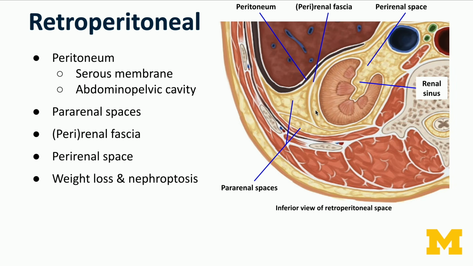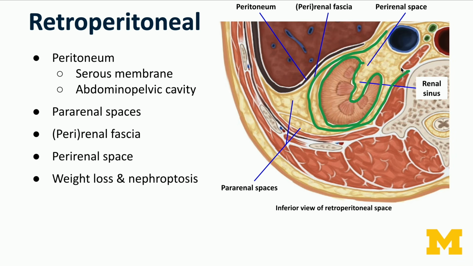Specifically, when we're dealing with the kidneys, we think of the renal fascial spaces. Let's start with the kidney itself. The kidney is located here, and it is surrounded by renal fascia.